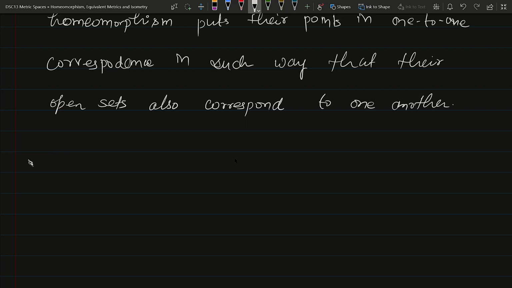Now we have another notation to identify a homeomorphism between two metric spaces.